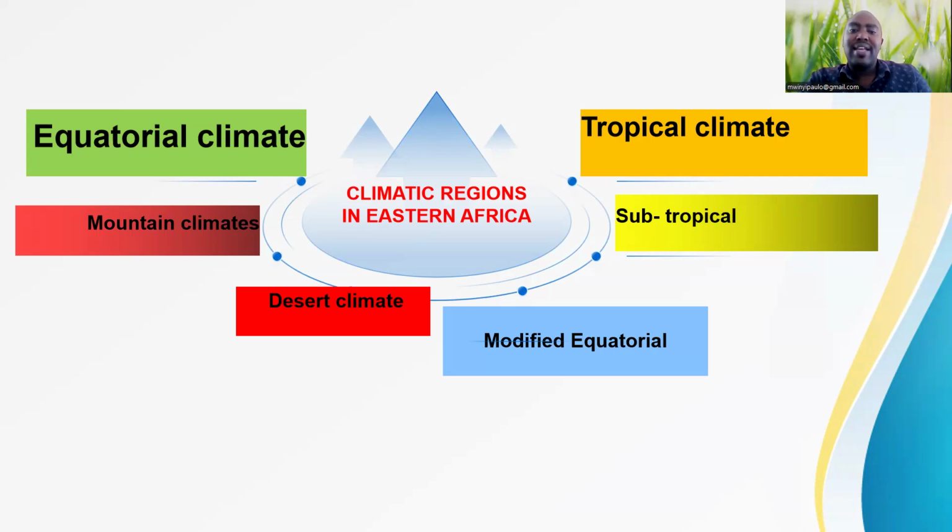So these are the climatic regions that we have in Eastern Africa. We now want to look at each of these climatic regions one by one, and find out what their characteristics are.